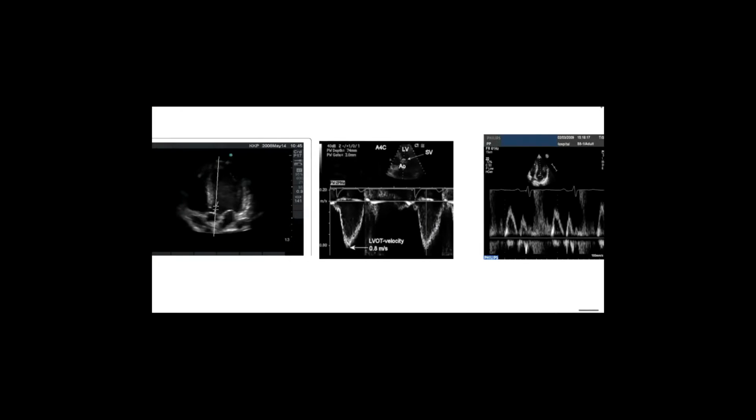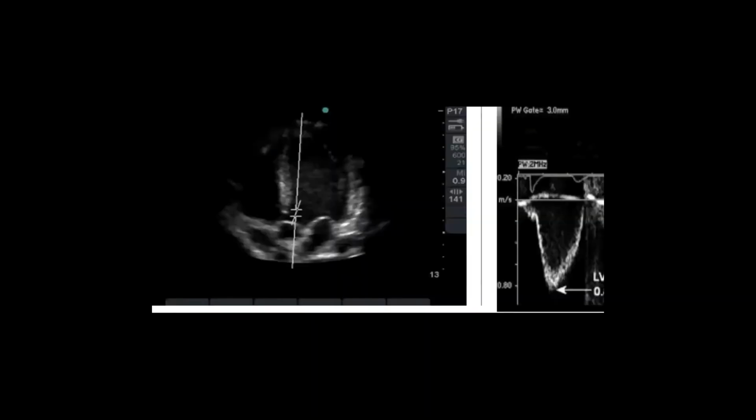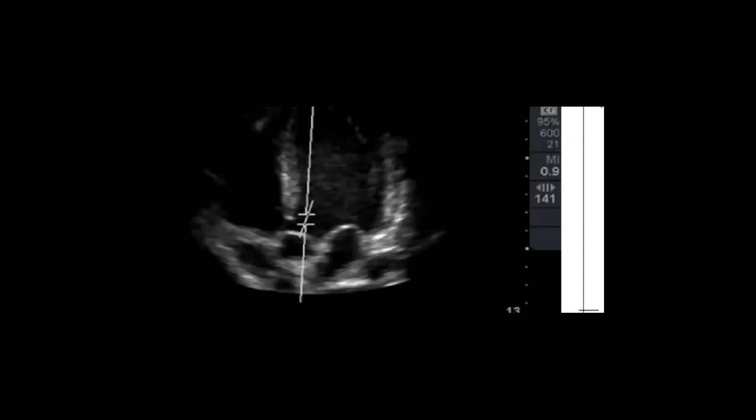Now, if I have to use the PW, you will always get this. Look at this line with an equal sign. What is this equal sign? This is the area of measurement. Exactly, this is the sample volume. If you put PW this way, you have to locate your sample volume where you want to get the velocity from.